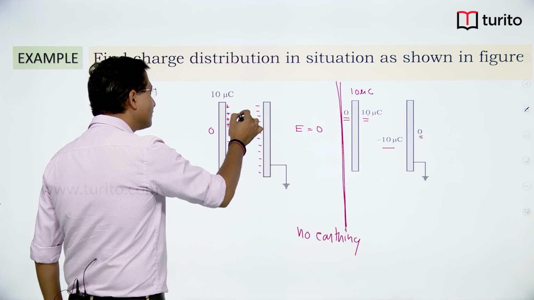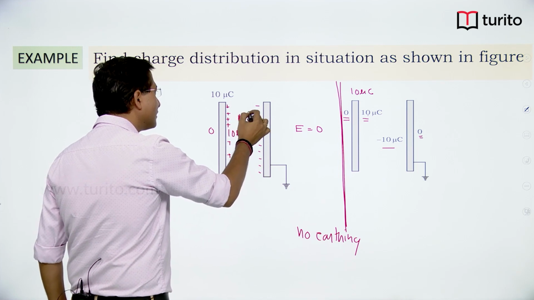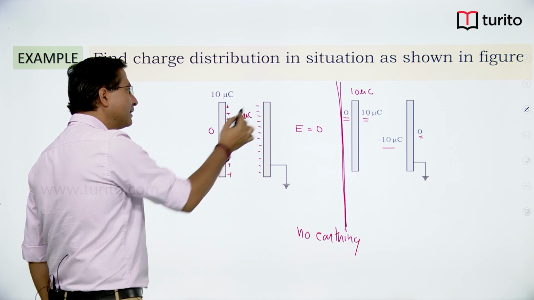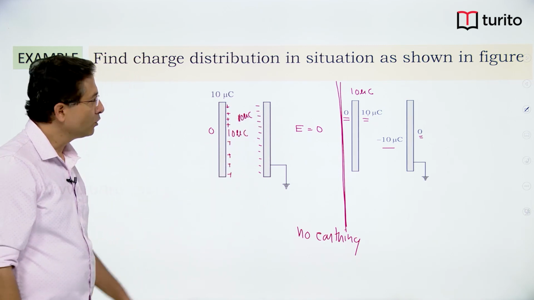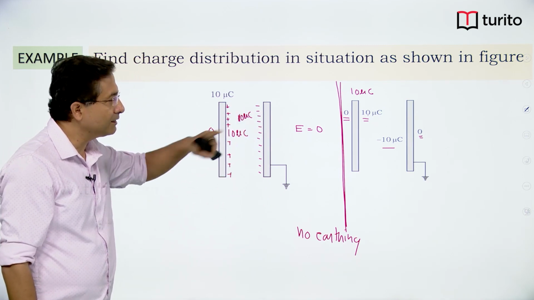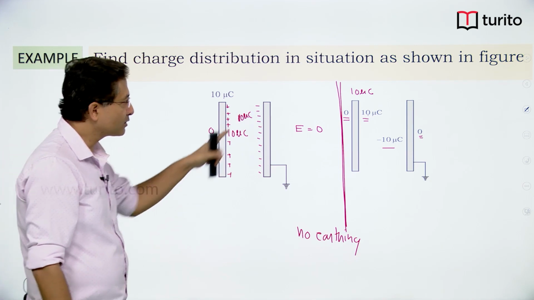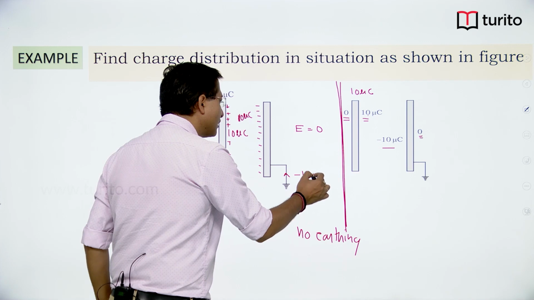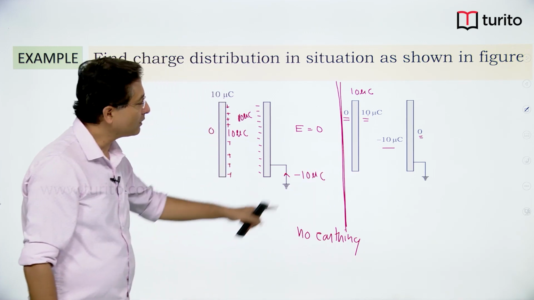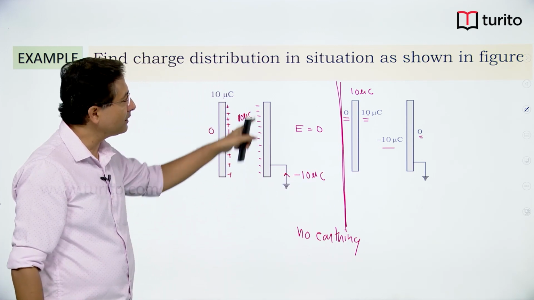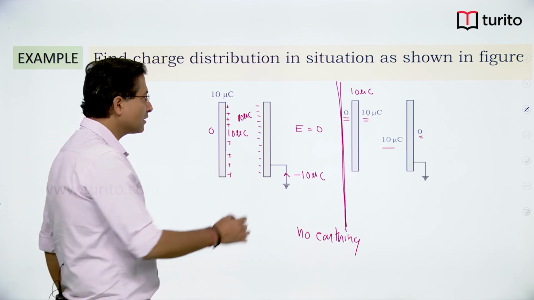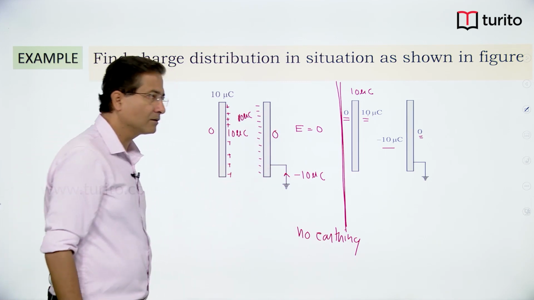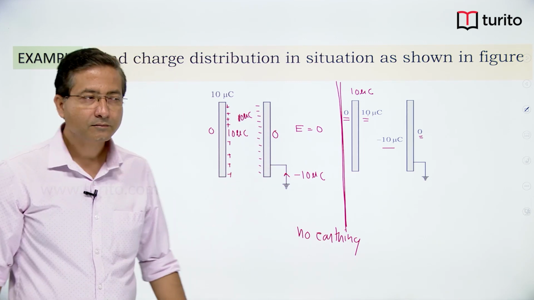From Gauss law we have minus 10 microcoulomb charge. This was not having any charge initially. So if this plate was not having any charge initially and it is connected to earth, that means earth must have given minus 10 microcoulomb charge, and whatever earth is giving, that will appear on the inner surface. Outer surface again charge will remain 0, right.